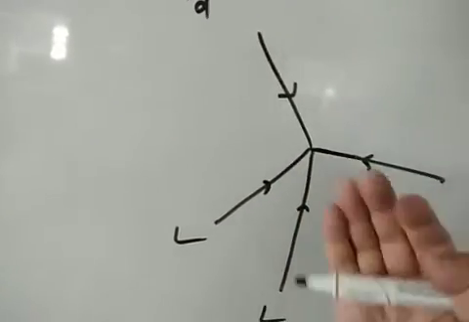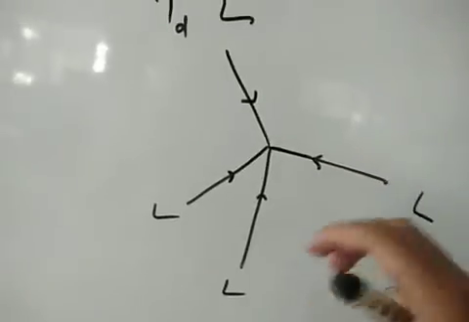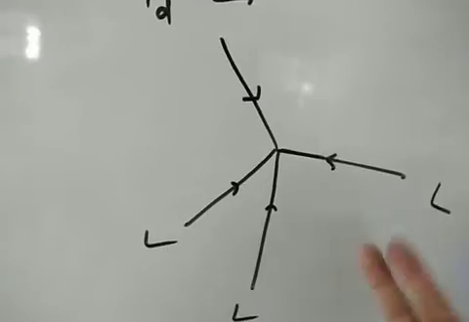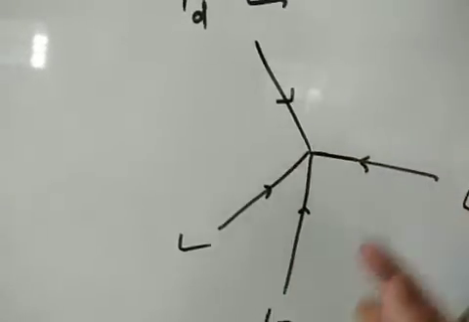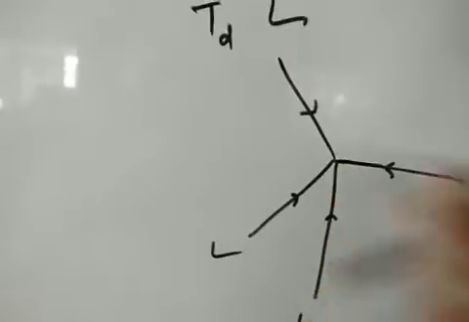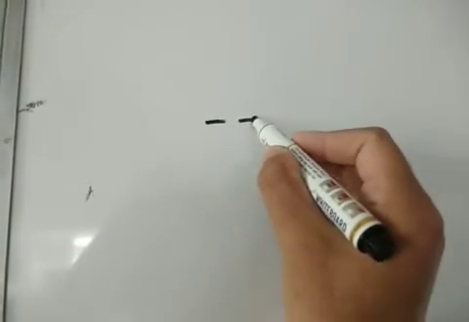That means the orbitals whose lobes are oriented in between the x, y and z axes will have greater repulsion. That means they will get raised in the energy, while the rest of the orbitals which are along the axis will get lowered in the energy. That means the behavior in the case of tetrahedral complexes will be a reverse.